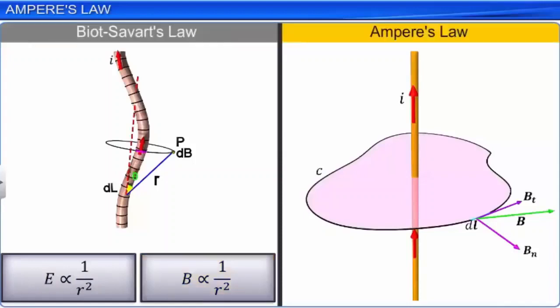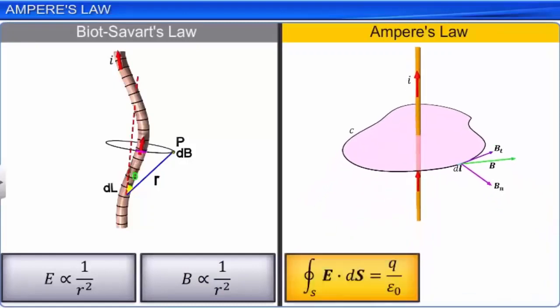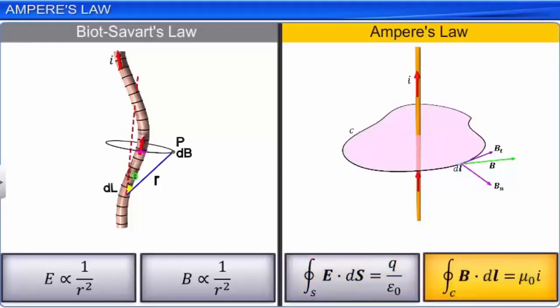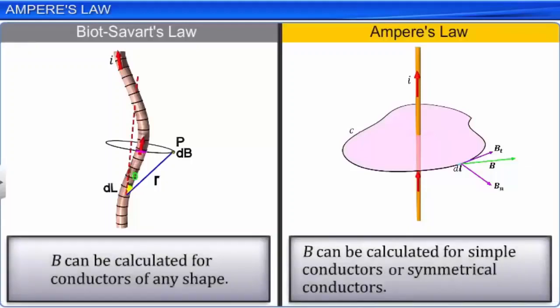The Ampere's law is similar to the Gauss law for electrostatics. According to the Gauss law, integral over the closed surface S E dot ds is equal to Q by epsilon naught. According to the Ampere's law, integral over the closed curve C B dot dl is equal to mu naught I. Only when the symmetry of the situation allows us to take B outside the integral B dot dl, we can calculate the magnetic induction using the Ampere's law.